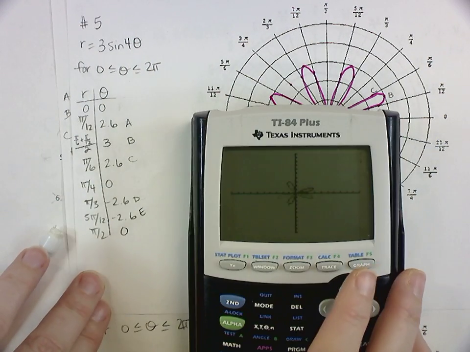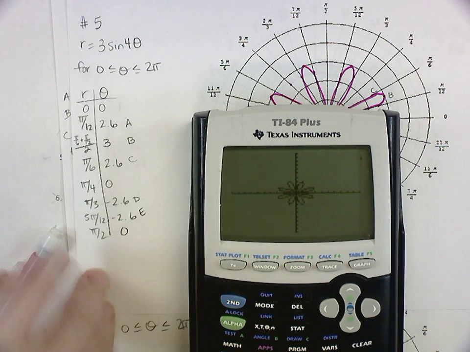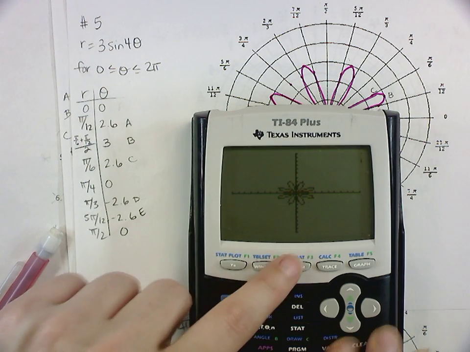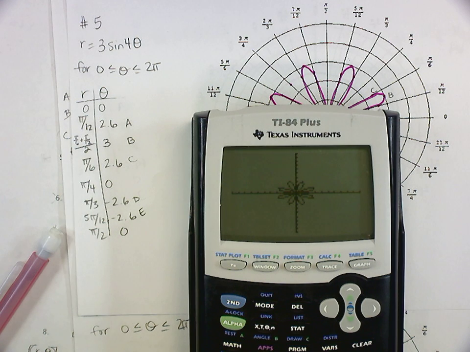Okay, so I'm gonna graph. Okay, good. And sometimes when this is too small here, you can just go to zoom and zoom in. Okay, and then that'll give you a better picture of what's happening.